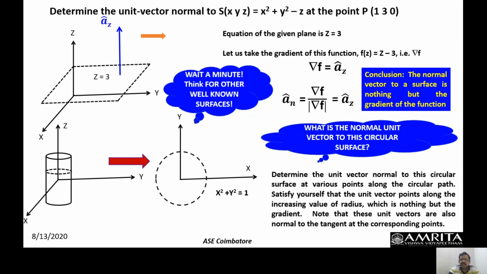So what is the take home message? You can satisfy yourself that the unit vector points along the increasing value of radius, along the radial direction. So employing a cylindrical coordinate system makes the problem visualization much simpler.